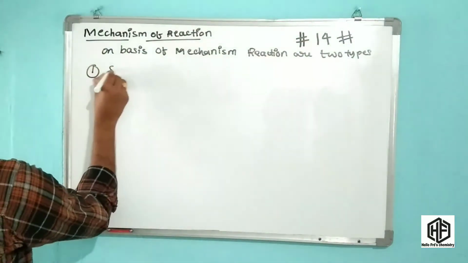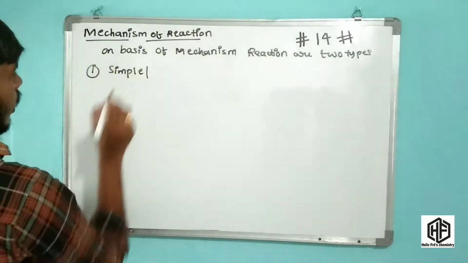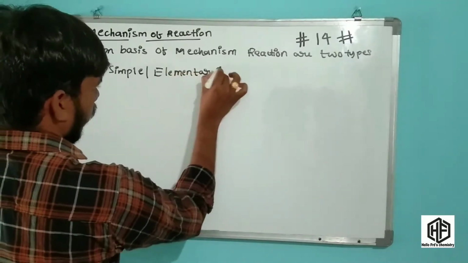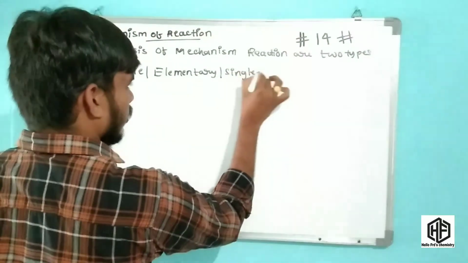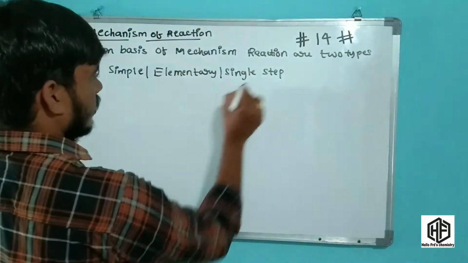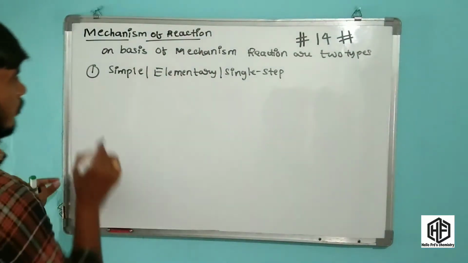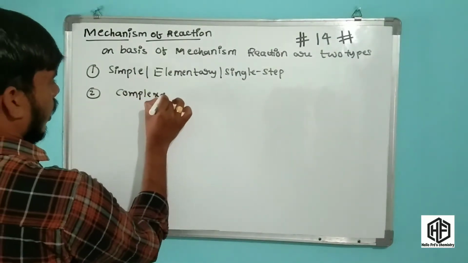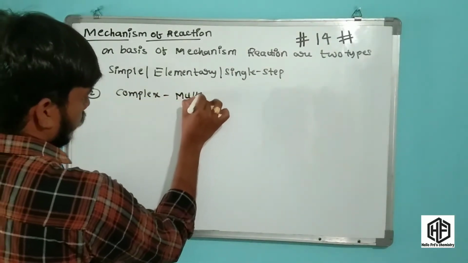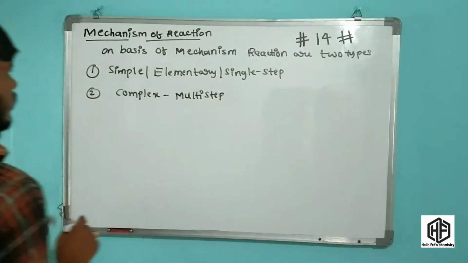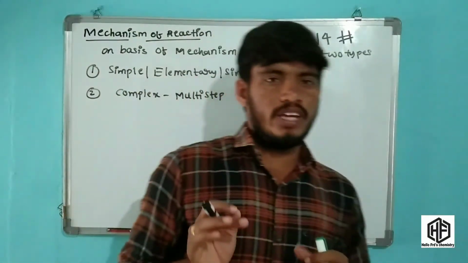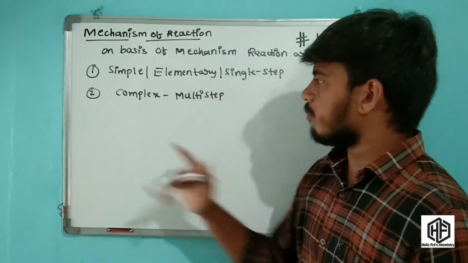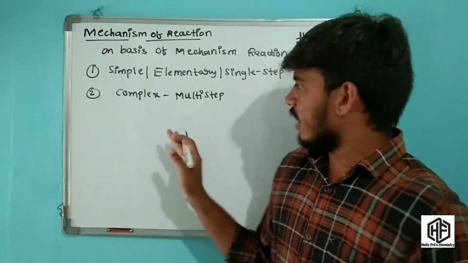One is simple or elementary or single step reaction, and the second one is complex or multi-step reaction. This is the mechanism of the reaction.